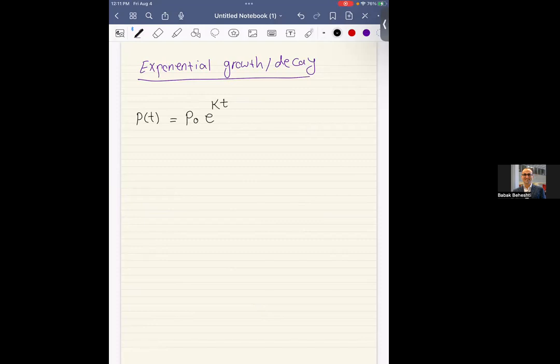So what is P0? P0 is the initial population, and k is the factor of growth or decay. We know that if k is positive, then you have growth.